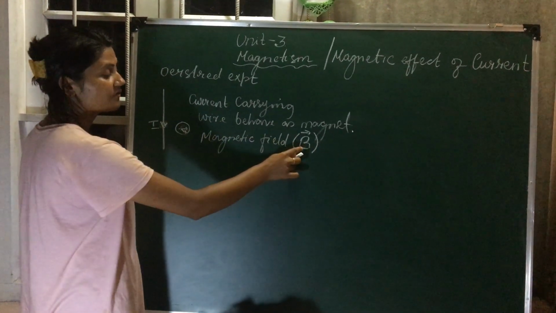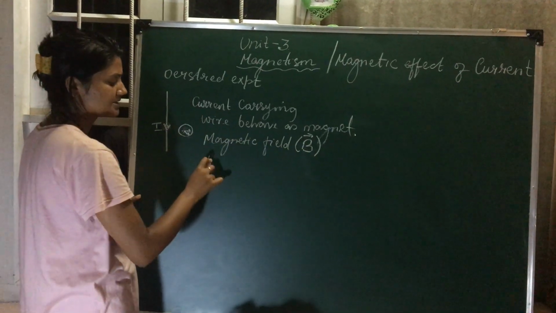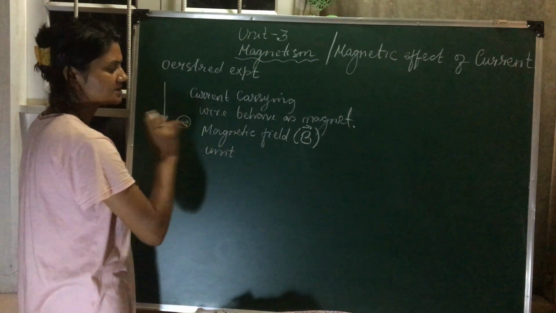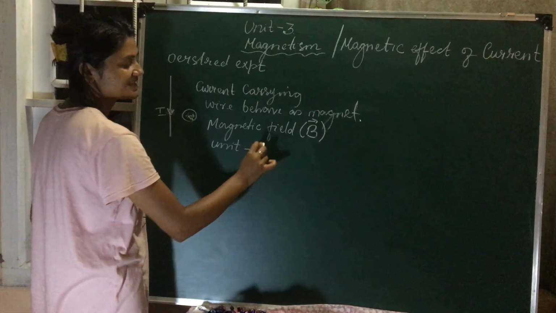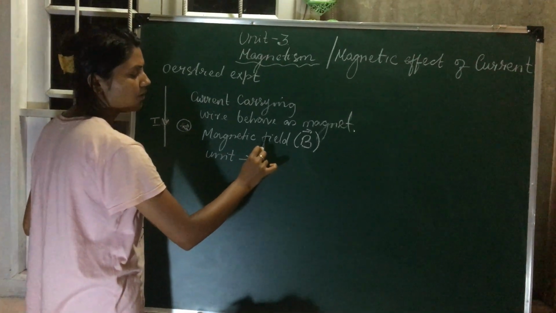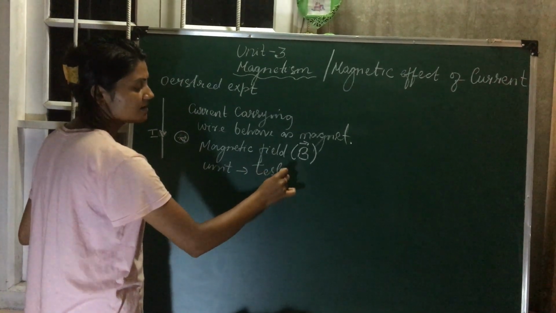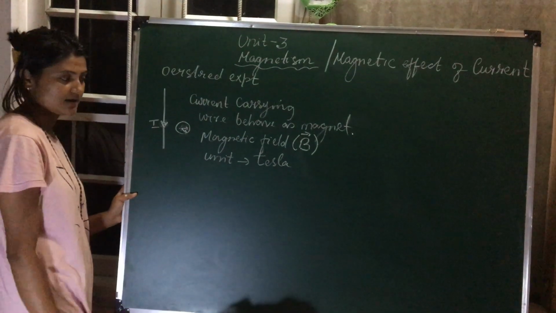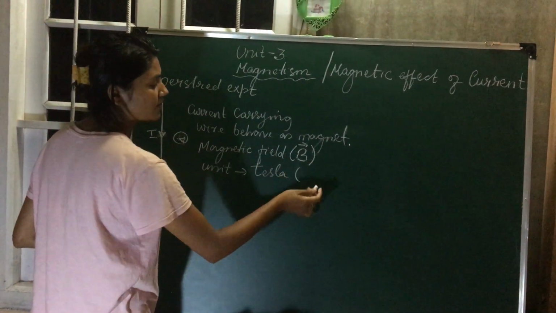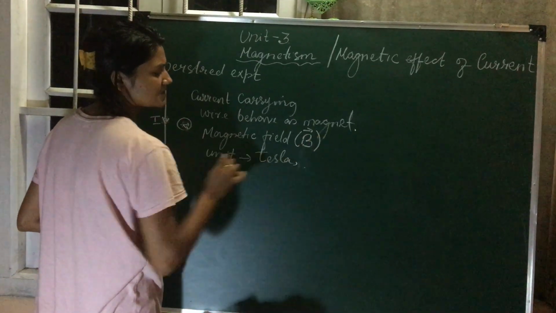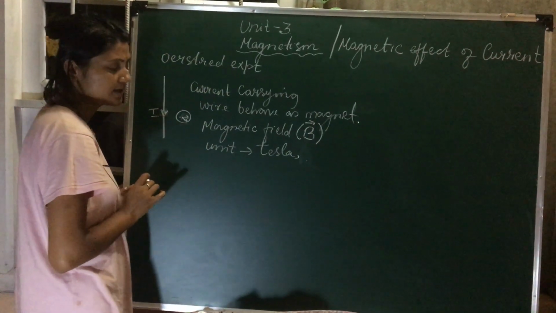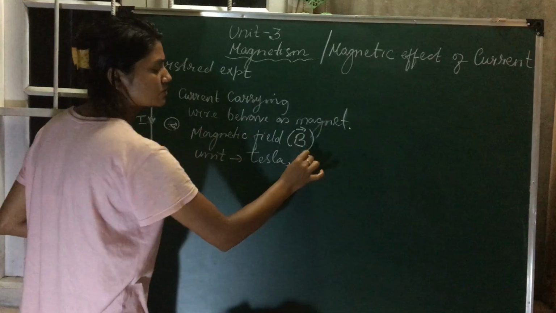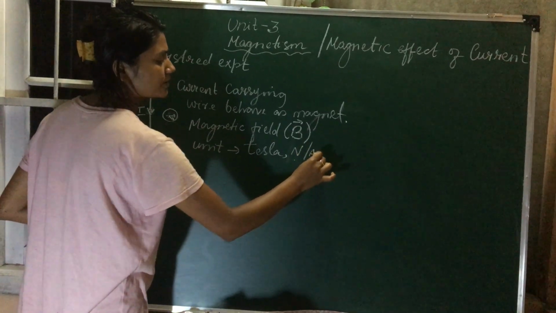The unit of magnetic field in SI is Tesla. In honor of Nikola Tesla, we named it Tesla. Apart from that, it is Newton per ampere meter.